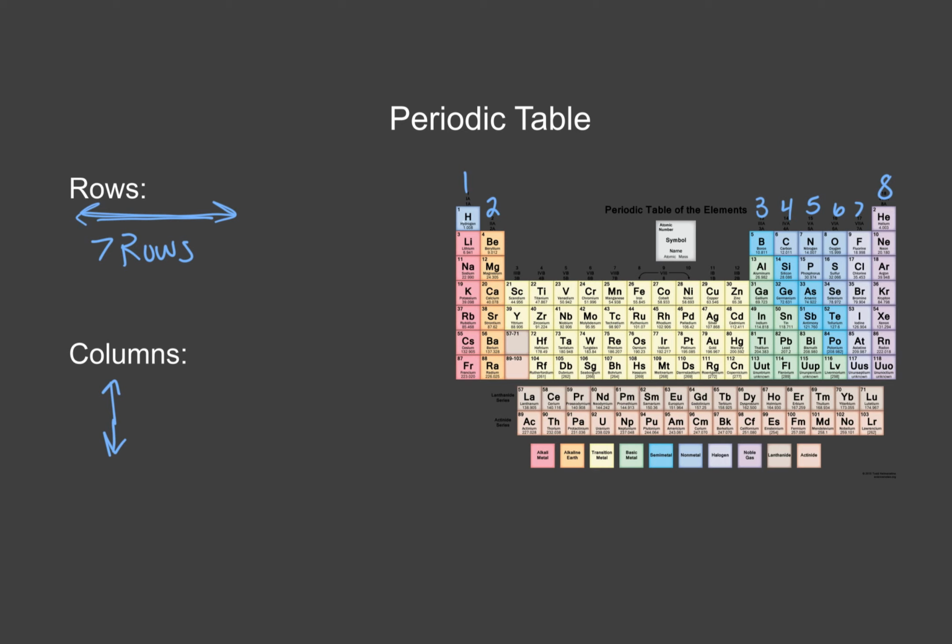And again, we have row 1, 2, 3, 4, 5, 6, 7. So columns and rows are how we're organized. The rows just count up by protons. The columns group by similar characteristics.